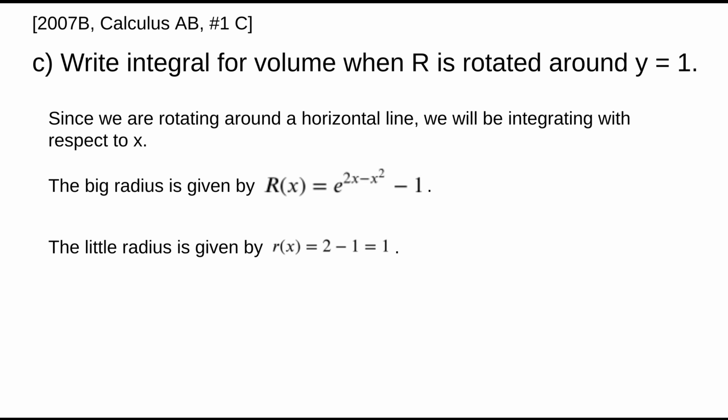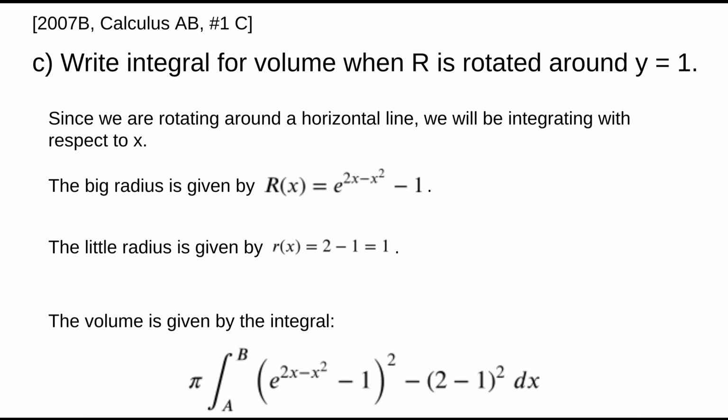So that's 2 minus 1, that's 1. So the integral that I would use to calculate this volume would be pi times the integral from A to B of my big radius function squared, e to the 2x minus x squared minus 1, squared, minus my little radius function squared, which is 1 squared. But since I don't have to evaluate this, once I write a correct integral, I can stop.